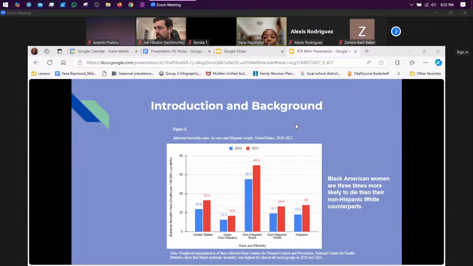Within the United States, Black American mothers have the highest maternal mortality rate, both in 2020 and in 2021. The information I gathered from the CDC and this graph that I created shows that maternal mortality is highest amongst African American women and amongst their counterparts.